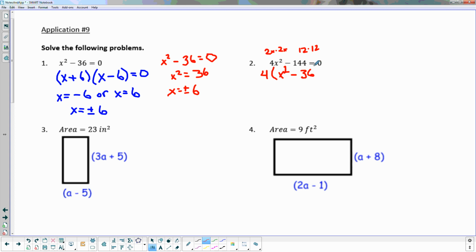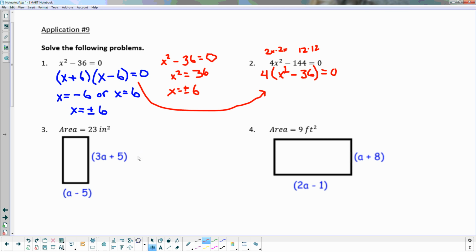So you can then use our previous result to come up with your answers. Either way, if you want to do the 2x and the 12, you can do that. If you want to factor out a common factor of 4, then all this stuff would go right below here because you're doing the same steps over.